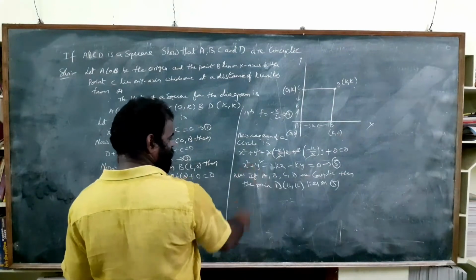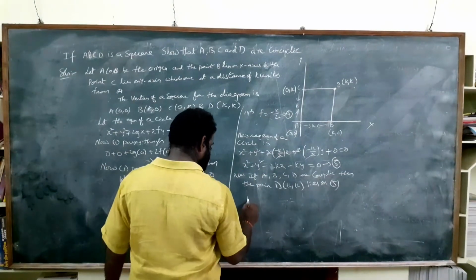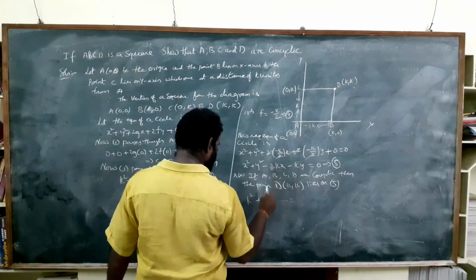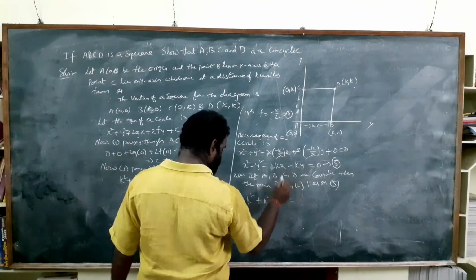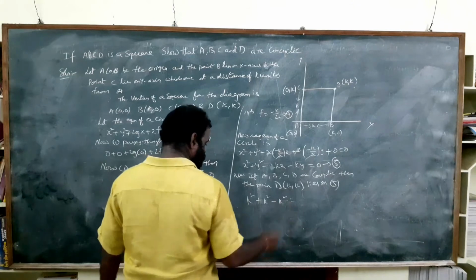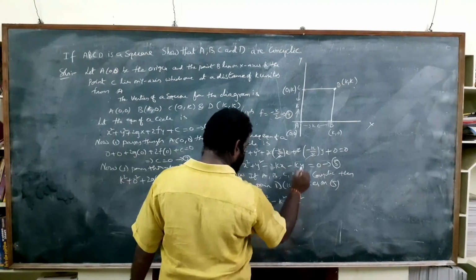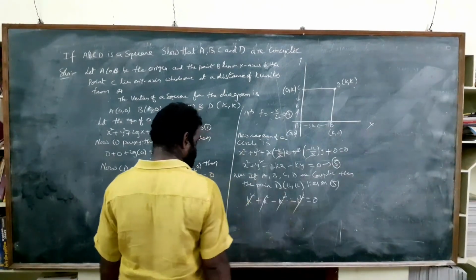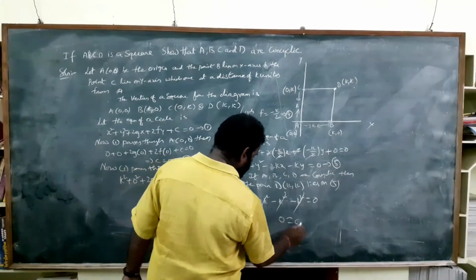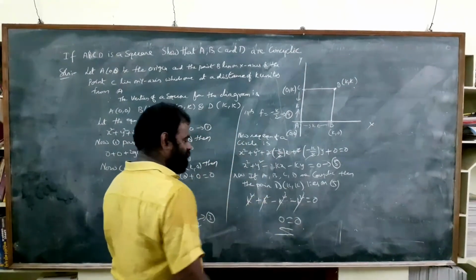So you substitute (k, k) here, which is k square plus k square minus k into k minus k square equal to 0, that is k square plus k square minus k square minus k square. So it is 0 equal to 0.